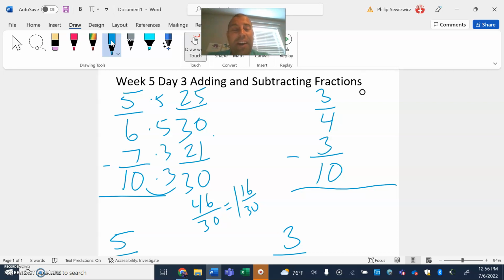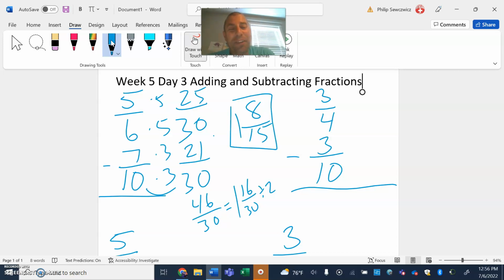So 16 divided by 2 gives me an 8. I'm just going to put down that we're dividing by 2. And 30 divided by 2 is 15. Bring your whole number over: 1 and 8/15. Now if you got your 1 and 16/30, that's great. 46/30, that's fine. But again, that's the big picture of everything we're looking for.